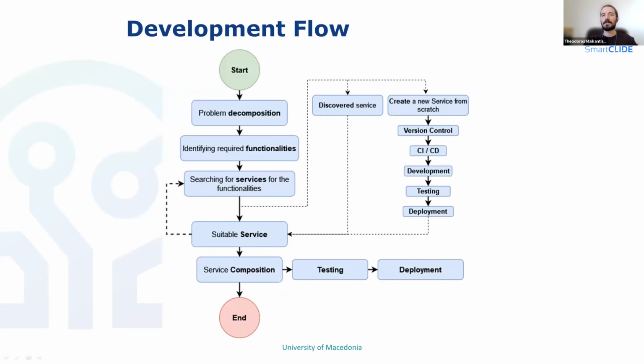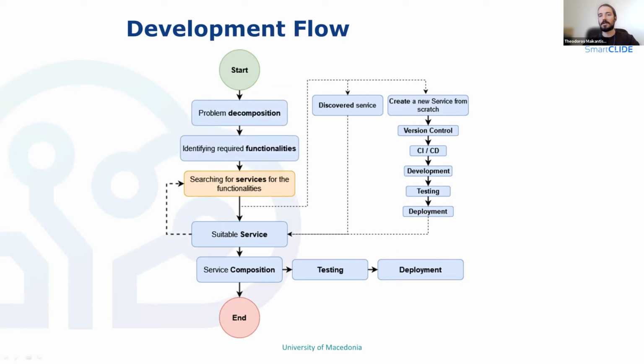Here we present a guide diagram with the necessary steps in order to create a SOA application. Let's take a quick look at the steps. Starting off, when creating a SOA application, it is necessary to deconstruct the problem into smaller tasks and to recognize its distinct functionalities.